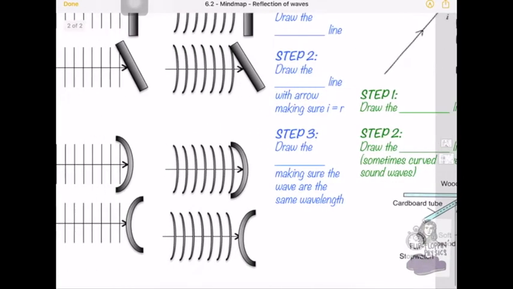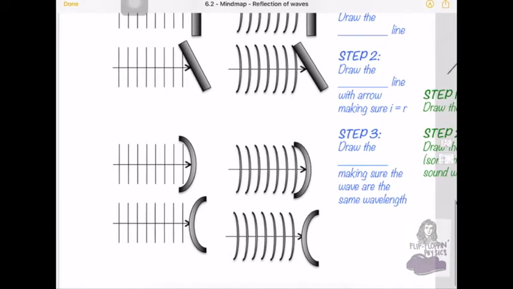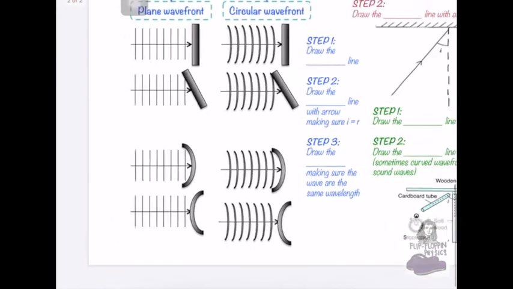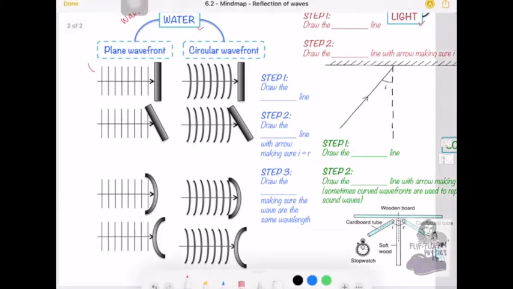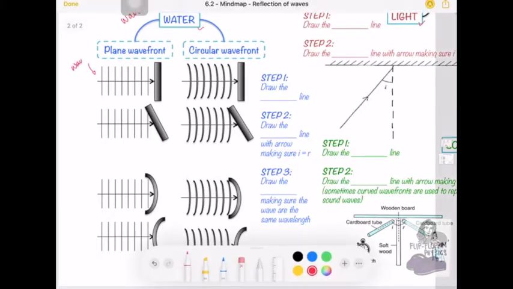And another thing that you need to identify is that here, when we look at this whole picture for a water wave, you need to be able to notice that this is how it looks like in a ripple tank. So what you've got here is wavefront. So all these lines are wavefront and circular wave as well.